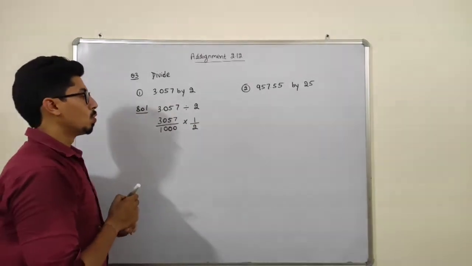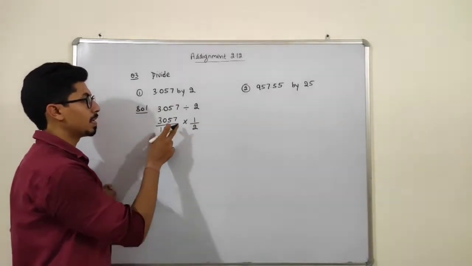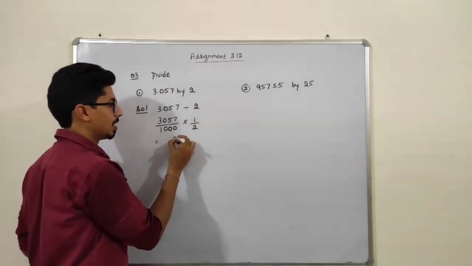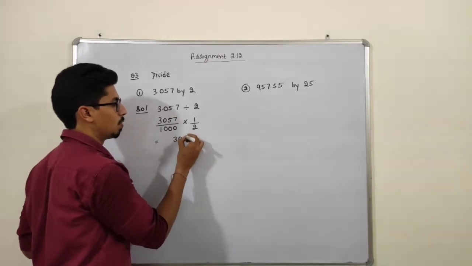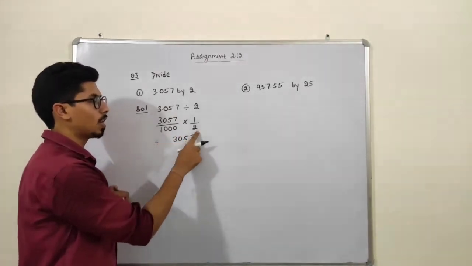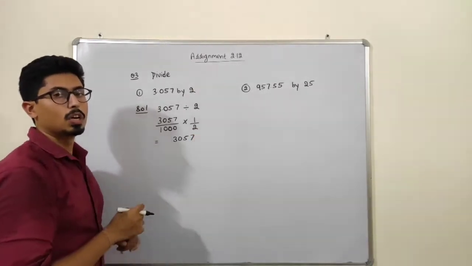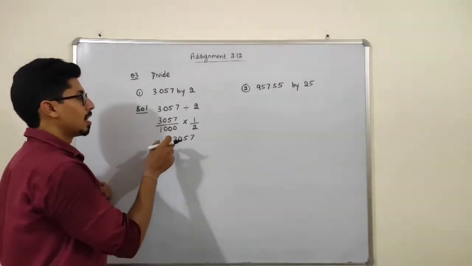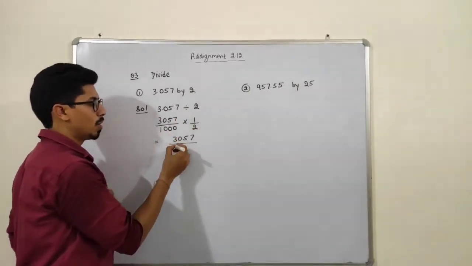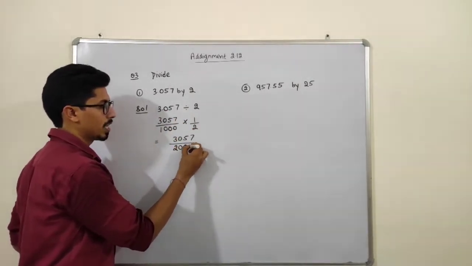Okay. So what I have to do is, first it will be 3057 multiplied by 1, that is 3057. Now in the denominator there is not only this number, but we also have 2 here. So first of all we multiply these numbers, so it will be 2000.